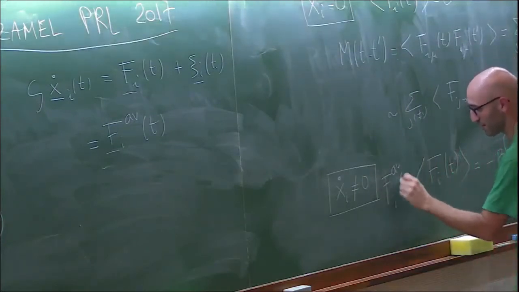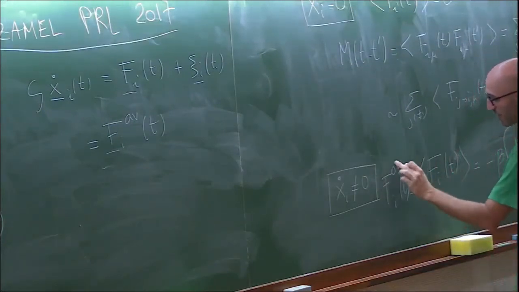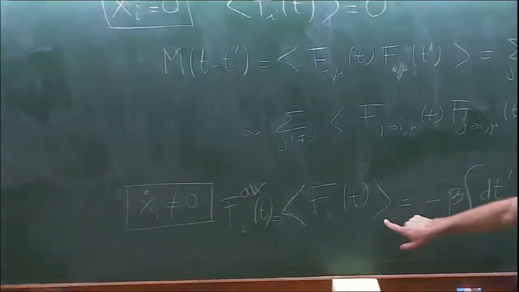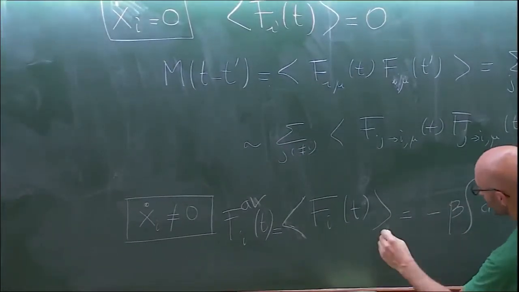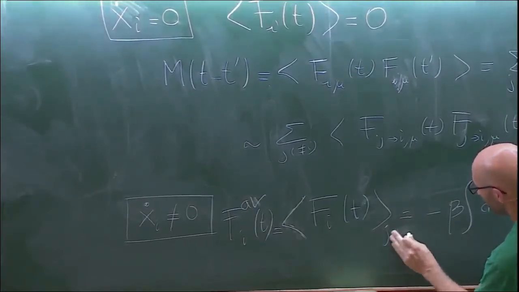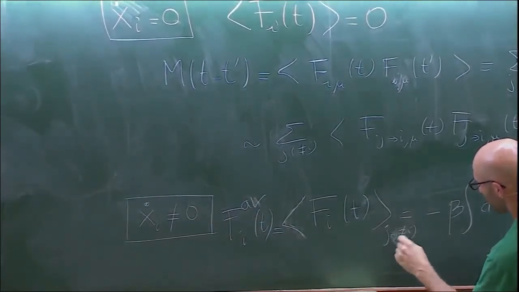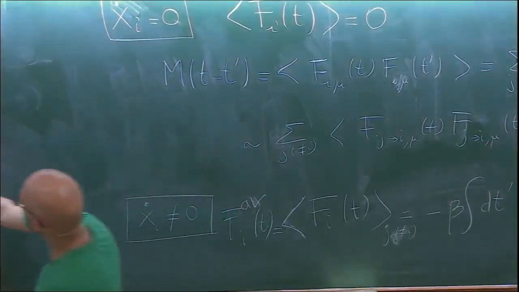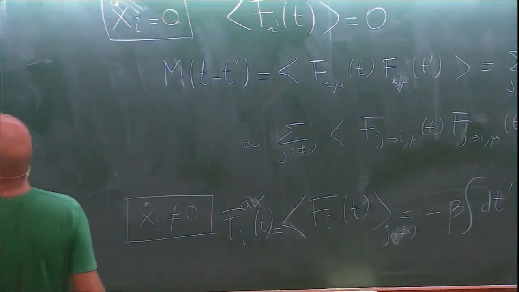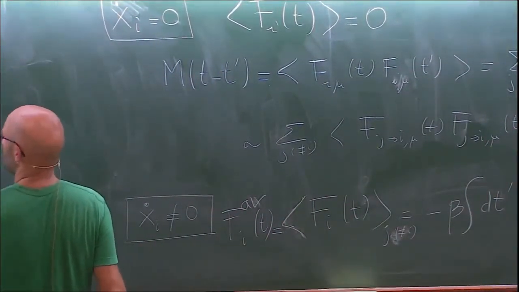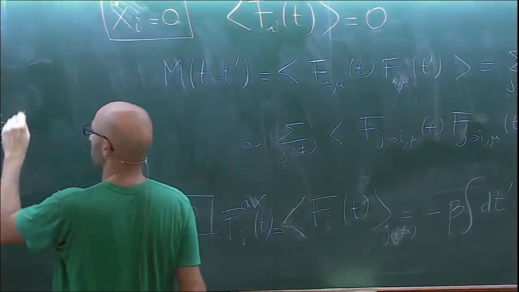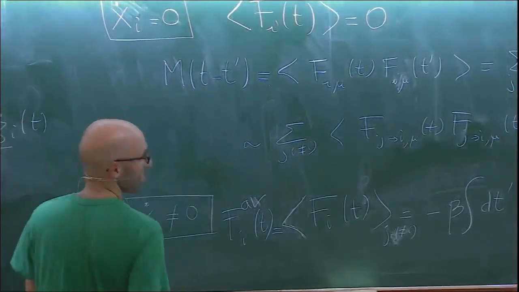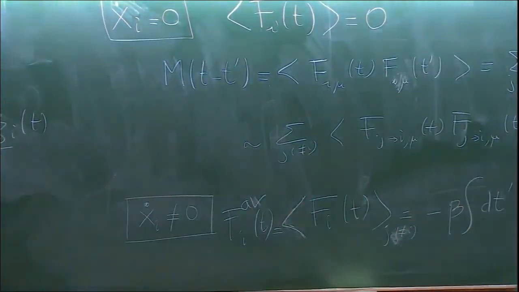I will call it F average, where this average is over the other particles at fixed i. It's an average over all the j different from i. So then I have this average plus some fluctuating part, plus the white noise. Yes?